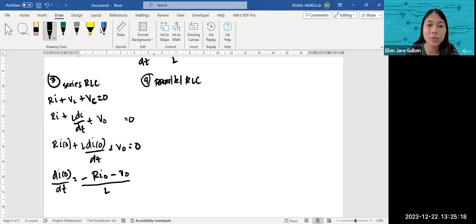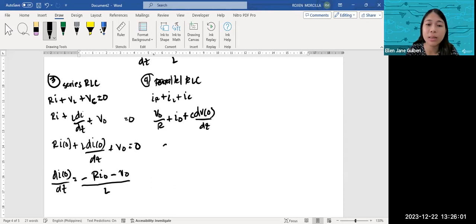And for the fourth, we have parallel RLC. We will get KCL: IR plus IL plus IC. So there we will change this into voltage. They all have the same voltage since they're parallel. So V over R plus IL is equal to IO, that's the initial condition, and IC is equal to C dVO dt.